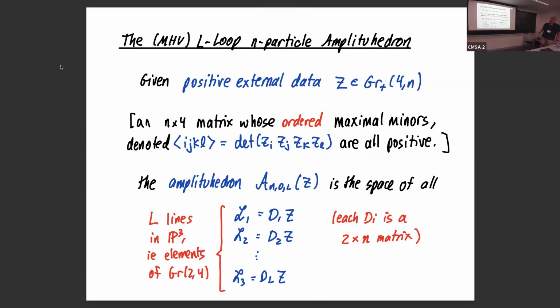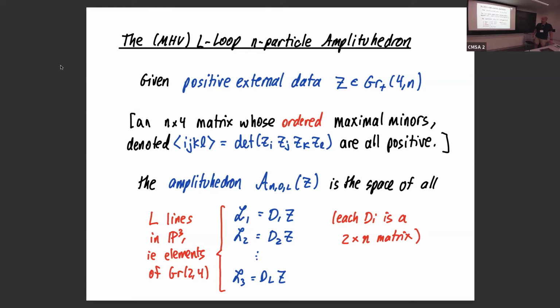So first of all, let's recall the definition of the loop level Amplituhedron that Yara did mention in his talk. So given external data, these are the momentum twistors. For the loop level Amplituhedron, just to make things very easy, I'm going to focus here on the MHV Amplituhedron, so K = 0. Normally at tree level that's trivial, people don't usually bother talking about it, but at loop level it's definitely non-trivial.